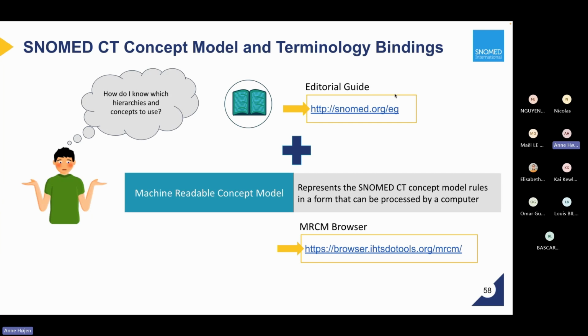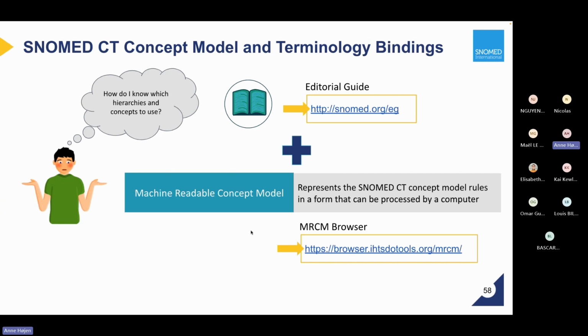And aside from a guide which also elaborates more on some editorial principles, we also have a machine readable concept model where we use the ECL to say, well, the domain for this relationship type, so the source of the relationship, should come from this hierarchy, and the values should be from this hierarchy.